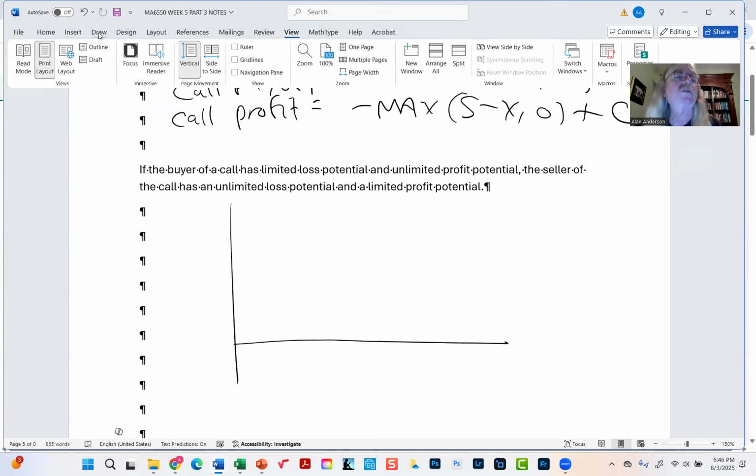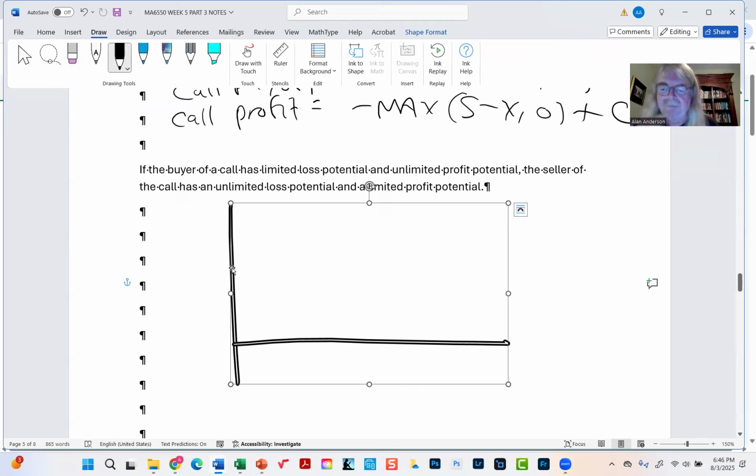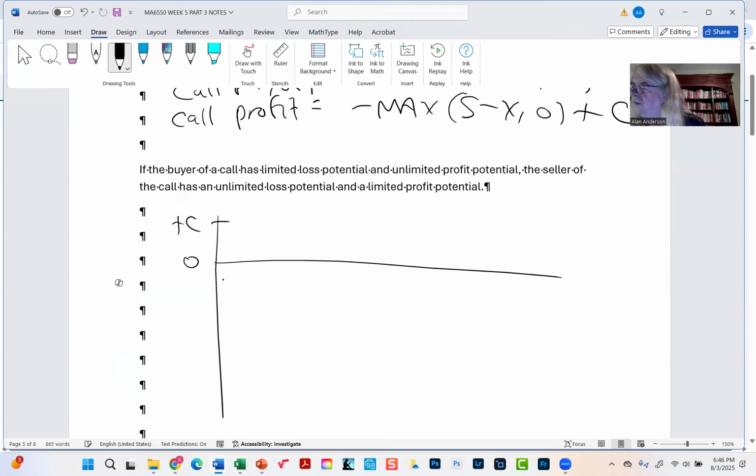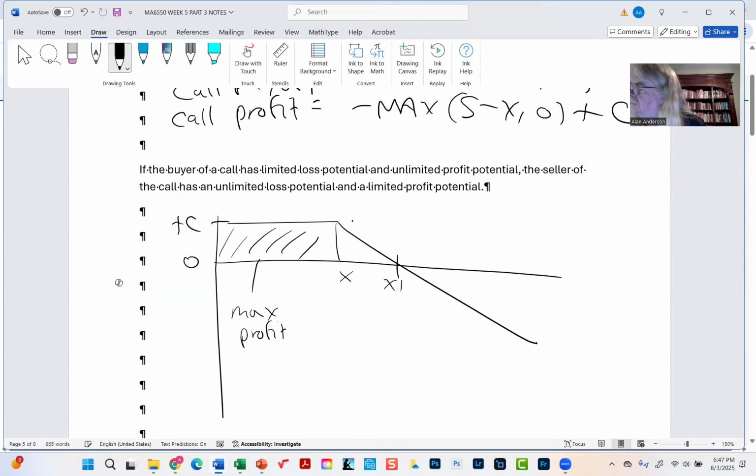Actually, this one, I'm going to have to draw it a little bit differently. So that's call seller's profits.